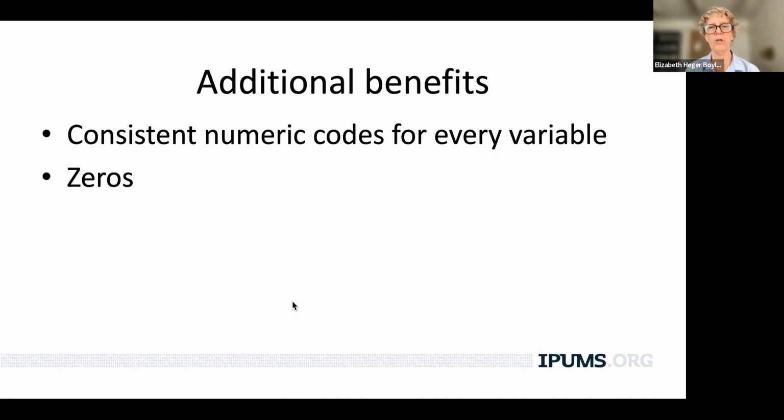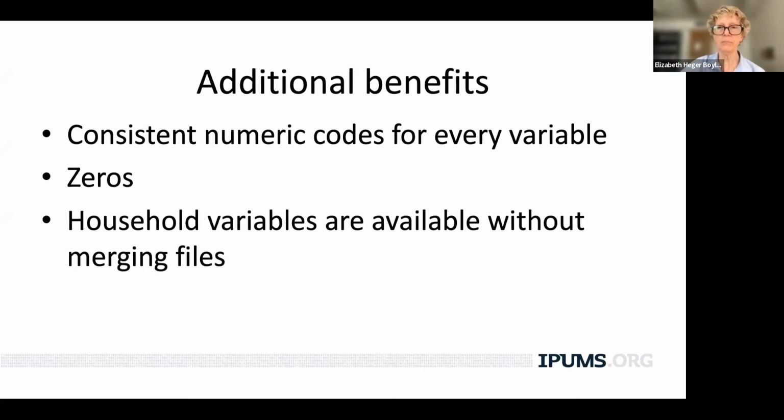But one of the things that Miriam and her team have done is distinguish between whether a zero means no, or whether it means that a woman wasn't asked a particular question, so is not in the universe of the people who were surveyed. Household variables are available without merging files, and there's easy data discovery, so you can easily see which questions were asked.